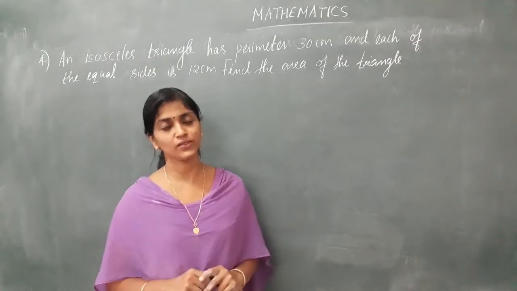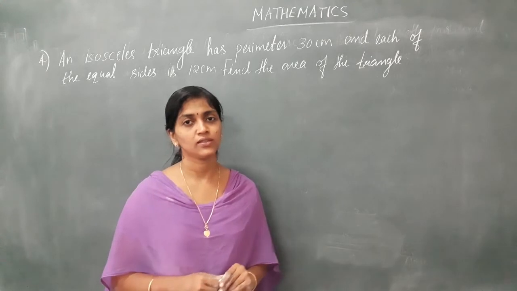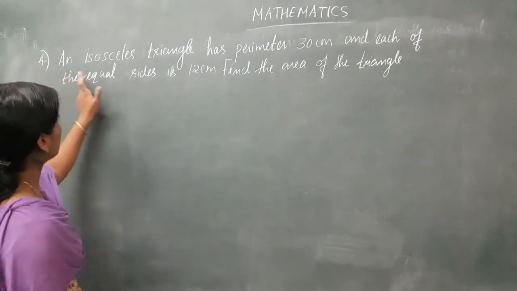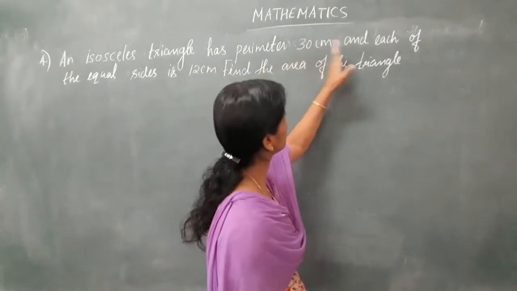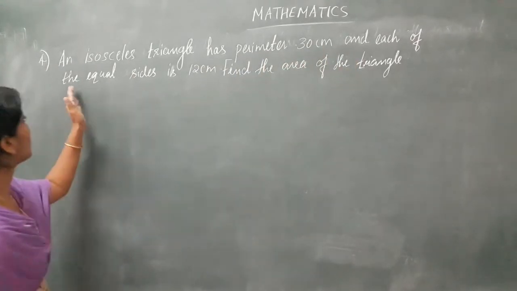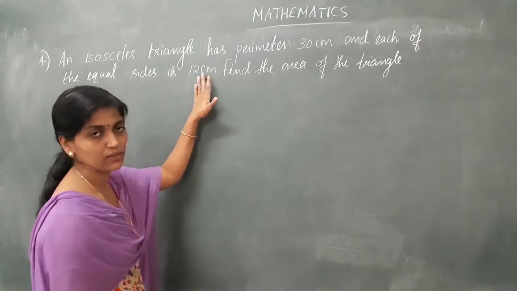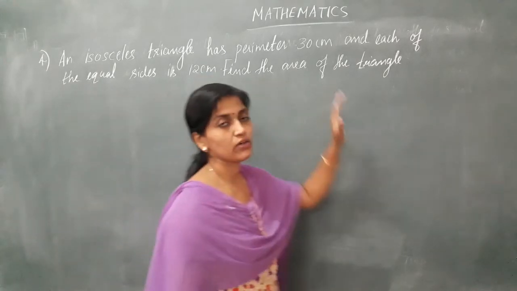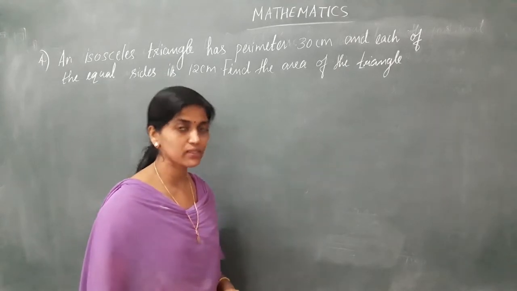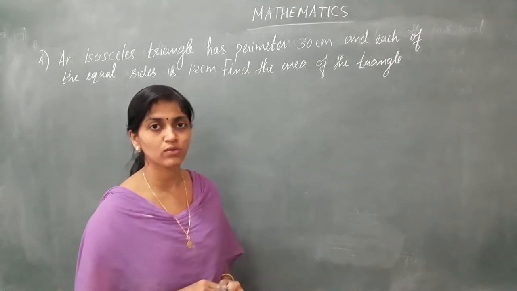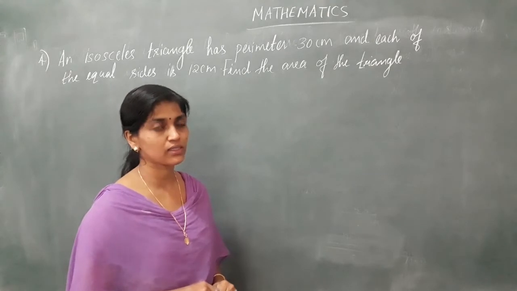The last question of today's session. Question is, an isosceles triangle has perimeter 30 centimeter and each of the equal sides is 12 centimeter. Find the area of the triangle. So we know an isosceles triangle means any two sides will be equal, isn't it?